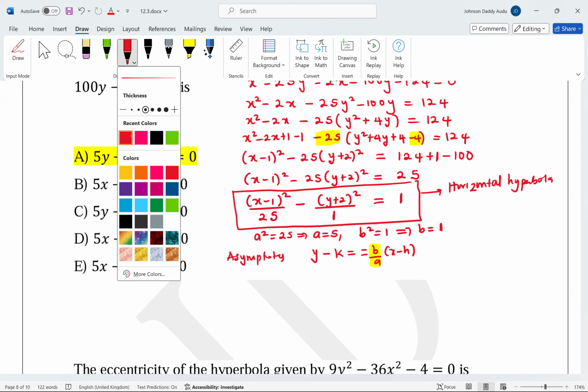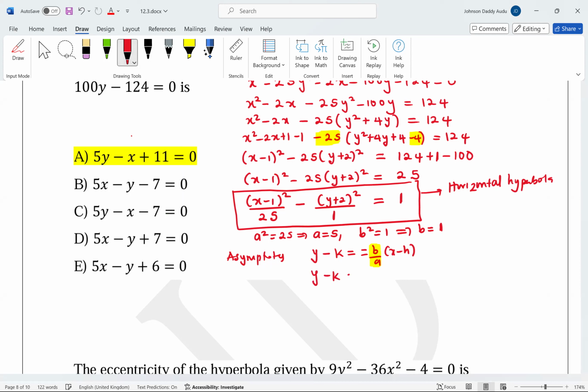What I mean is you just go with y minus k. What is k here? k is minus 2. You see that? So it's going to be y minus minus 2, equal to b over a. What is b? b is 1, right? So I have 1 over a, which is 5, then x minus 1, which is h.